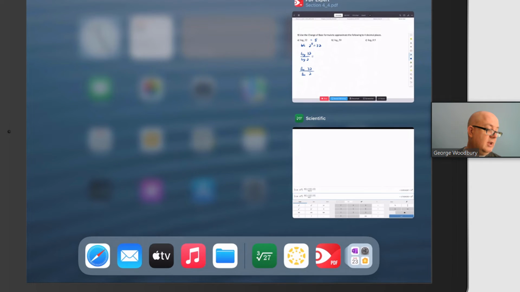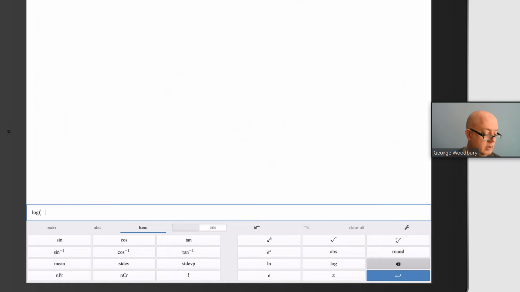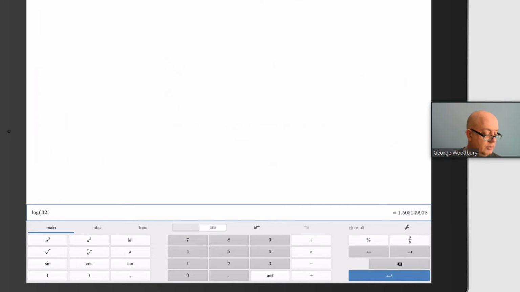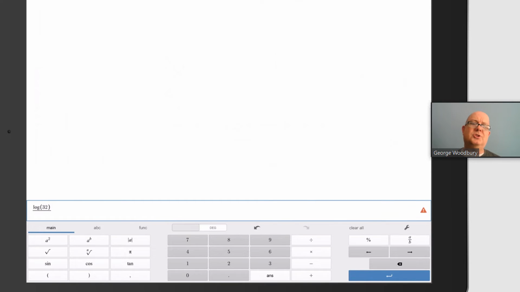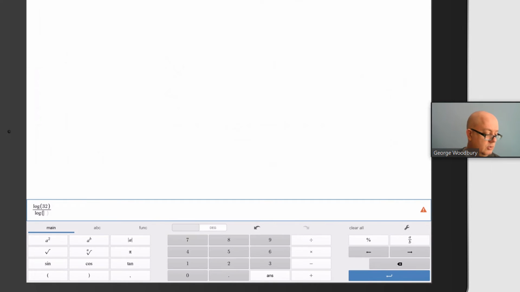So let's go to the Desmos calculator, and I want to start with log 32 divided by log 2 for the common logarithm. Function log main 32, there's the numerator, divided by, you could also push the fraction button, a over b, to get a fraction and type it. But when you type divided by, it makes a fraction for you. In the denominator, function log main 2.